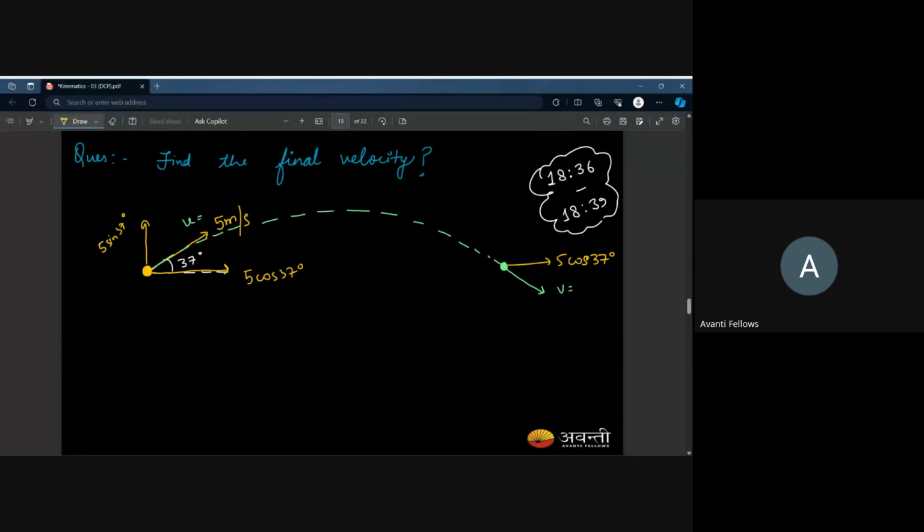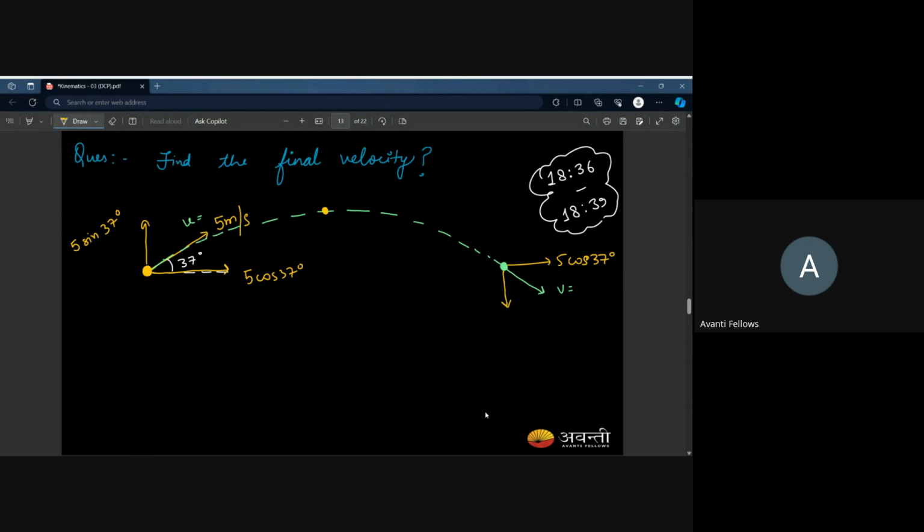Now the thing is, we have 5 sine 37 degree over here. But it kept changing now, because we have acceleration due to gravity, the gravitational force which makes it zero at this highest point and will give you the exact same value.